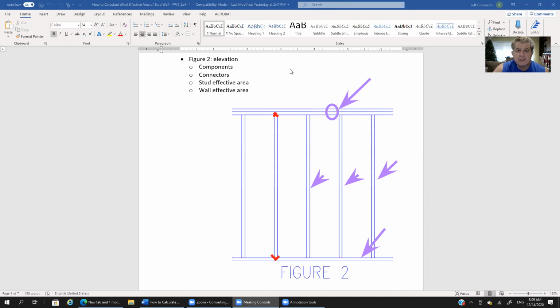Is the effective area going to be as if we were looking at a single stud, so the tributary width of the stud times its height, or is it going to be the effective area for the entire wall? Which one of these two represents the effective area that we plug into the equation to determine the component and cladding force?